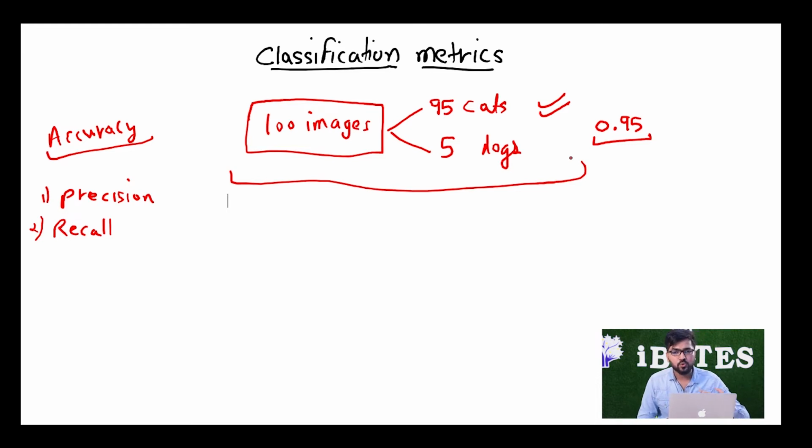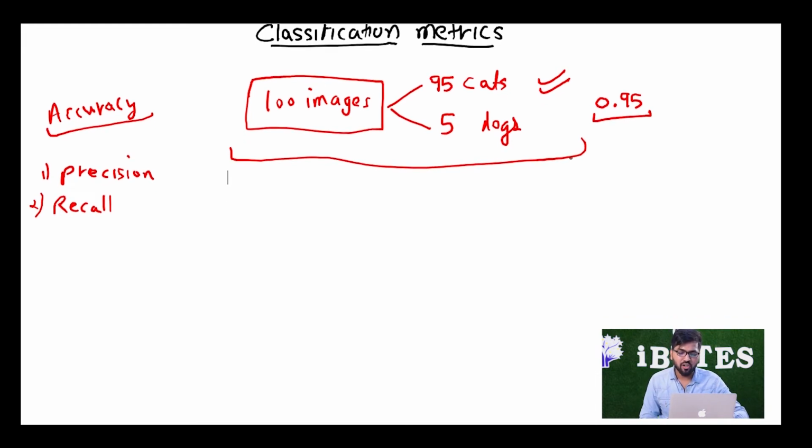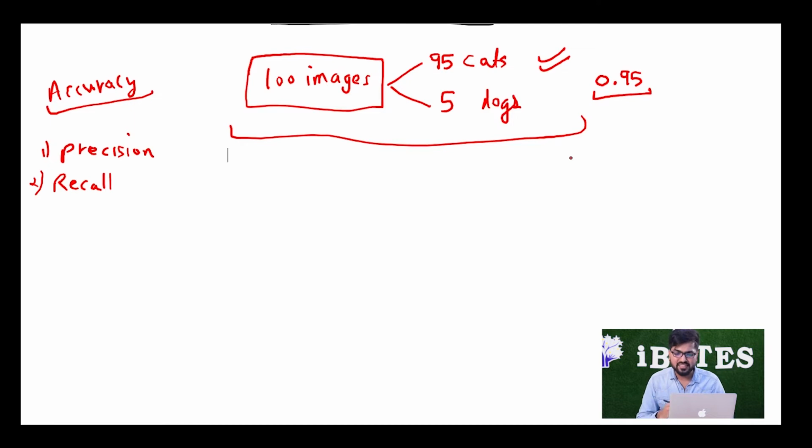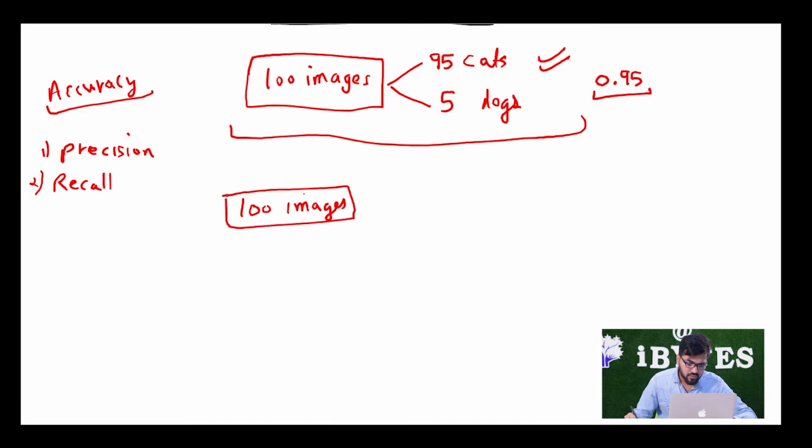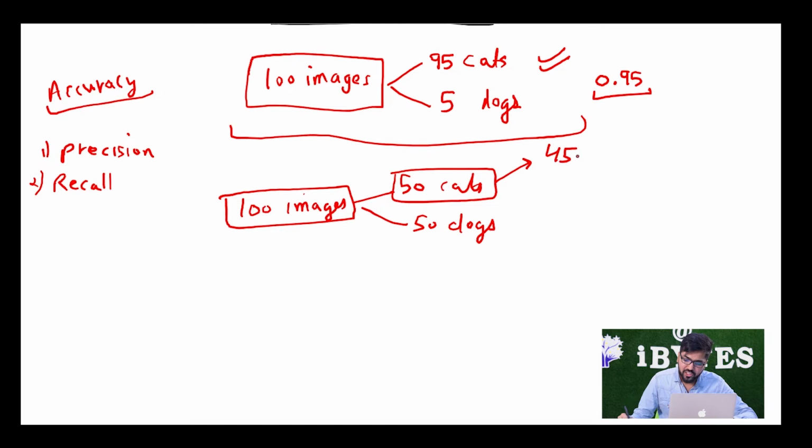First, let us try to understand precision and recall with a little more unbiased data. Okay. Let us say I have 100 images. 50 were cats and 50 were dogs. Out of these 50 cats, I labeled 45 as cats and 5 as dogs.